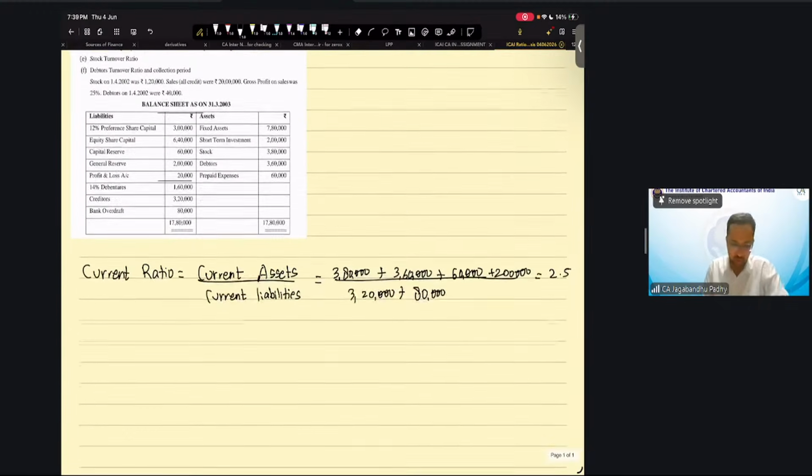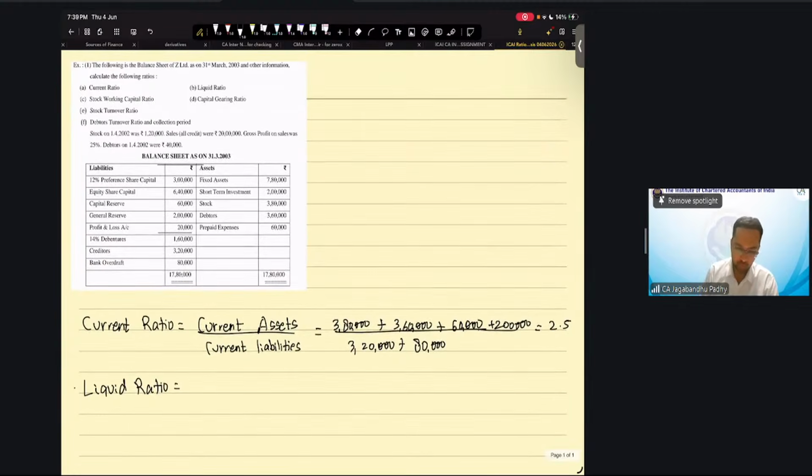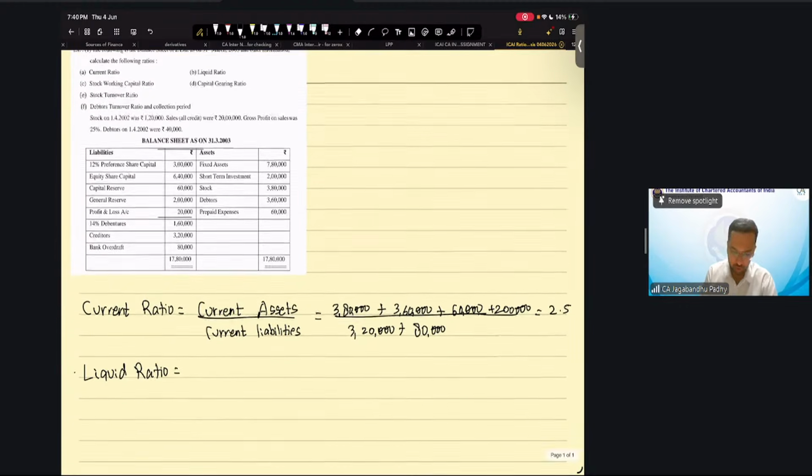Then next ratio is liquid ratio, guys. What's the formula for liquid ratio? Liquid assets.